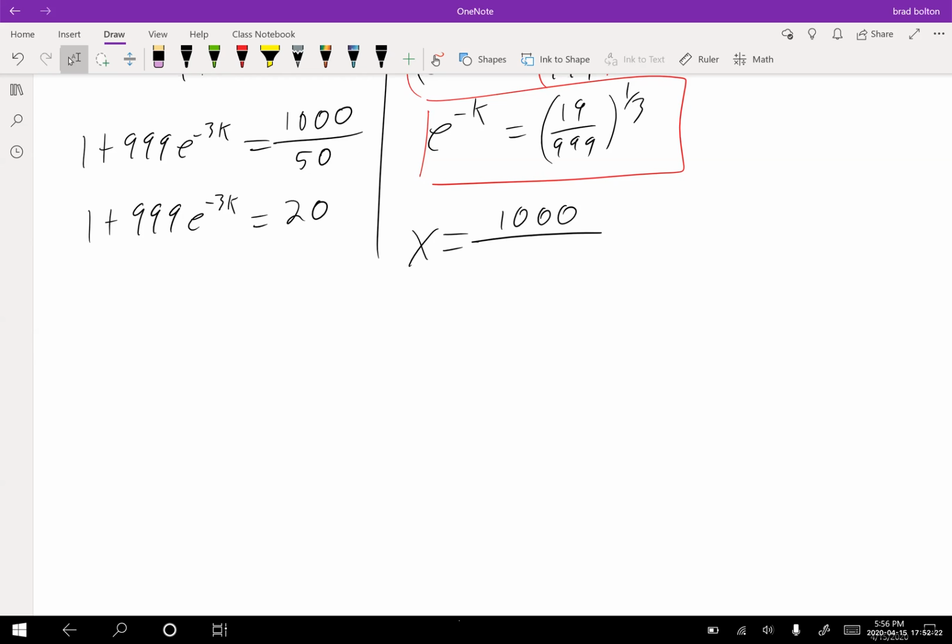Okay, so we're going to do 1,000 over 1 plus 999, 19 over 999, and this will be, remember, t over 3, right? Because we know that e to the negative k is, let me plug this in a little bit. Steps here.